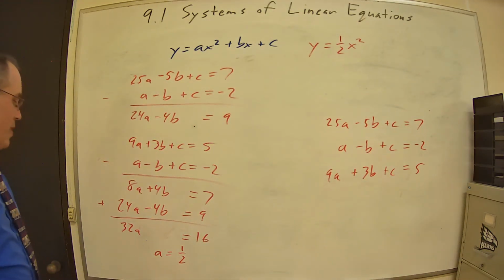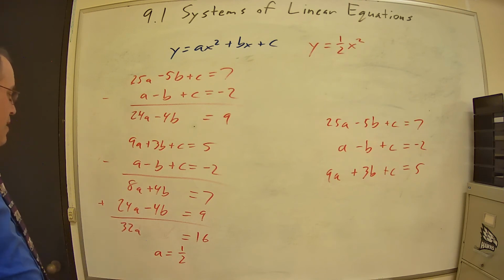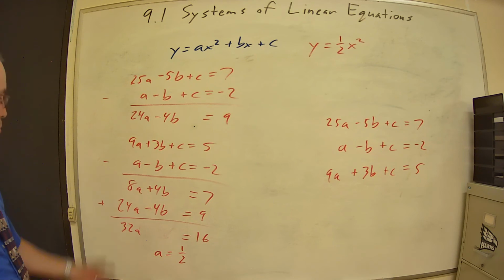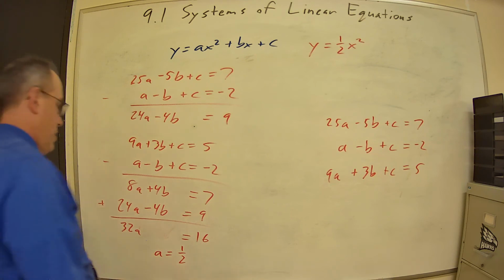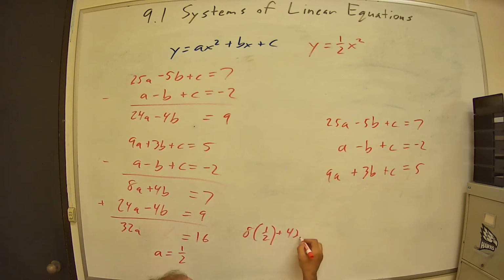Now let's solve for B. So I'm going to plug this into one of these equations here. Doesn't really matter which one. I'm going to use the top one just because 8 is smaller than 24. So 8 times 1/2 plus 4B is equal to 7. 8 times 1/2 is 4, plus 4B is equal to 7.